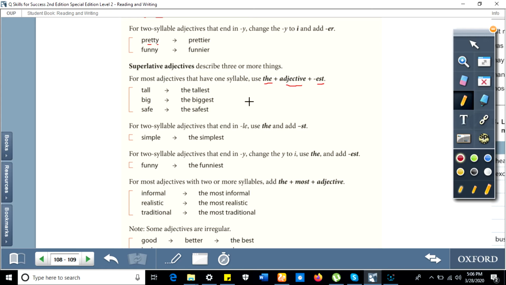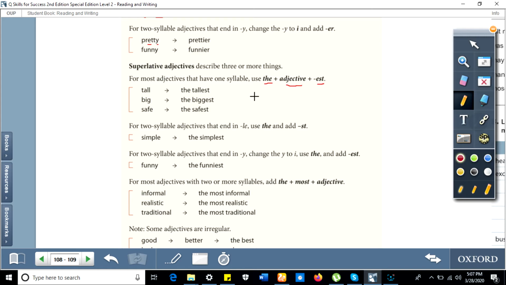So superlative adjectives, for example, this one here, tallest. Say Ahmed is the tallest boy in the classroom. Now we're comparing Ahmed with the rest of the class, meaning comparing more than two boys.